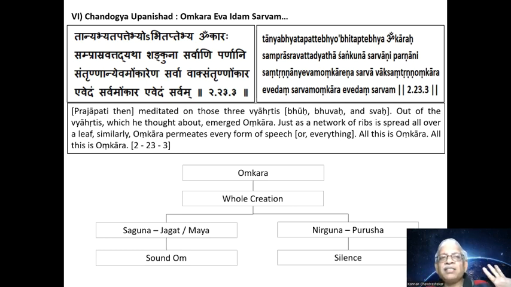So you have six references of Upanishadic statements which talk about Om. How do I meditate on this Om? That is a question many seekers have, but they don't know how to do it.